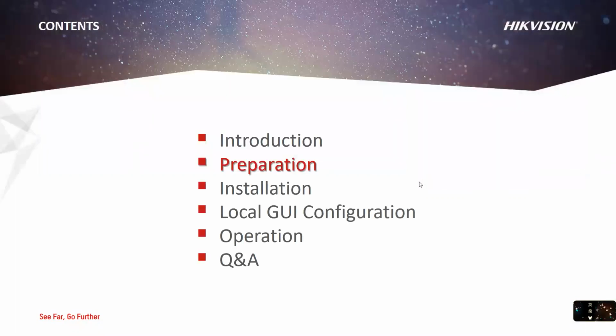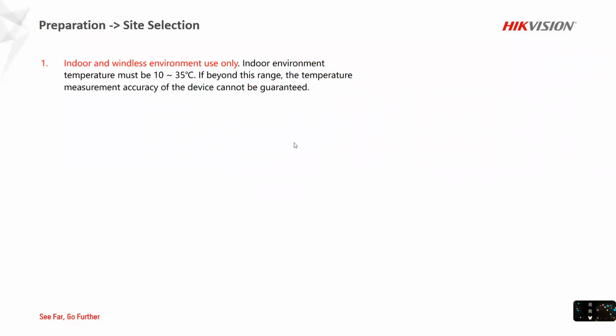Okay, so the second part, the preparation. So in order to make the best of our thermal MIMO, we would recommend to install the thermal MIMO indoors and also windless environment. That also includes the air conditioning wind.